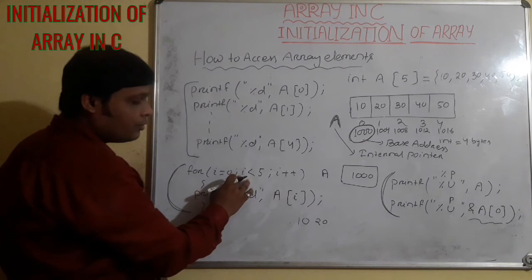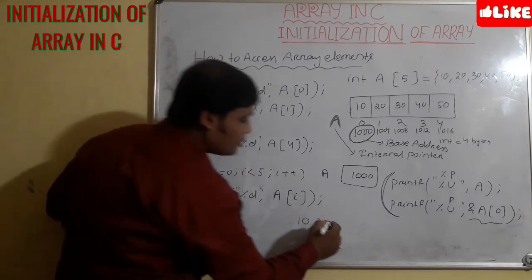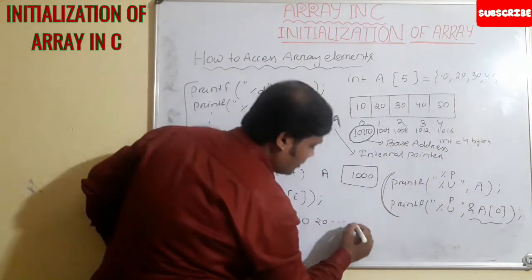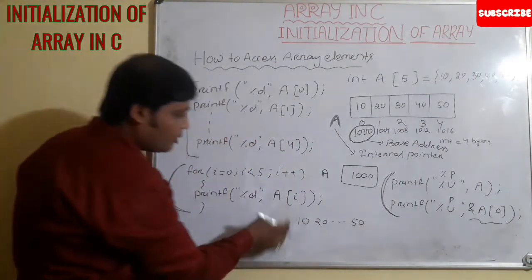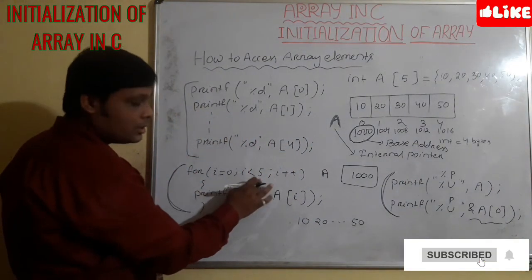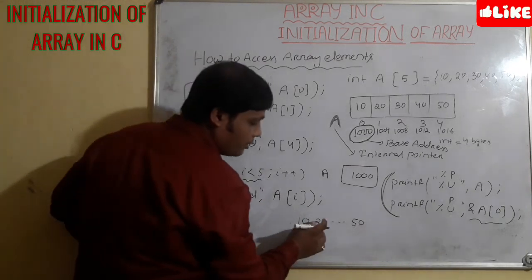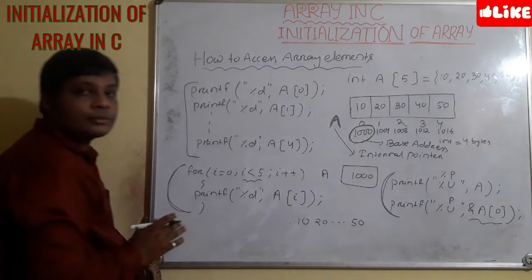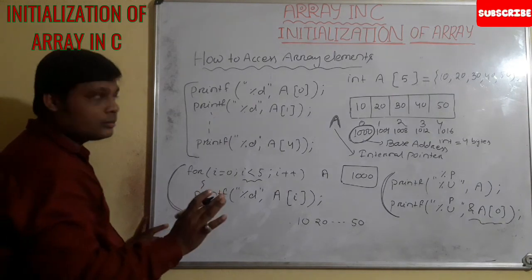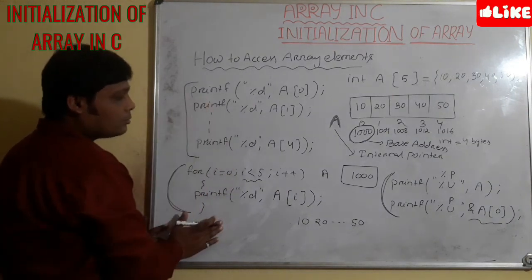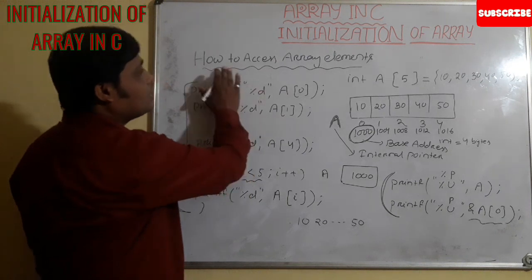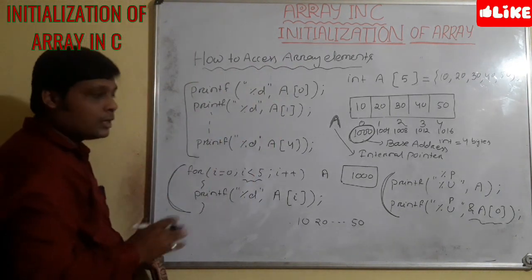Like this, when i value will be 4, it will print A of 4, that is 50. When i value will be 5, this condition will be false and it will go out of the loop. So it will print 10, 20, 30, 40, 50. Clear? This is how we can access the elements of an array.